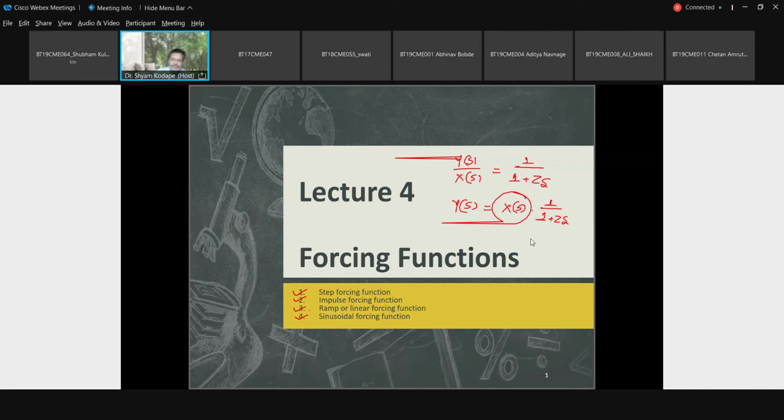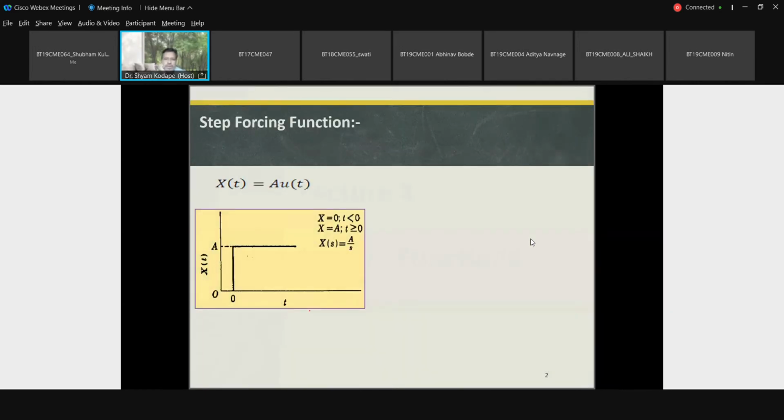So we had started with the step forcing function. This equation represents that before t equals 0, the deviation was 0. We consider that x is any variable. It may be temperature, pressure, flow rate, or concentration.